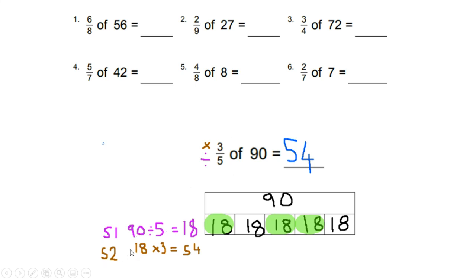Step 2, 18 multiplied by 3 equals 54. So my answer is 54. I've left this on the screen so you can use this as a model when you try out yours. Please pause the video and have a go at either all 6 or just however many you think you need. Pause the video and off you go.